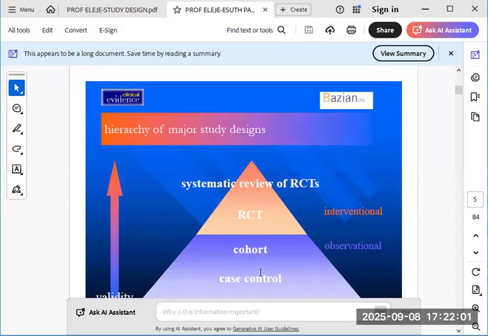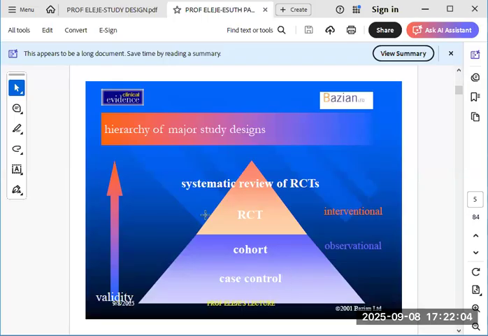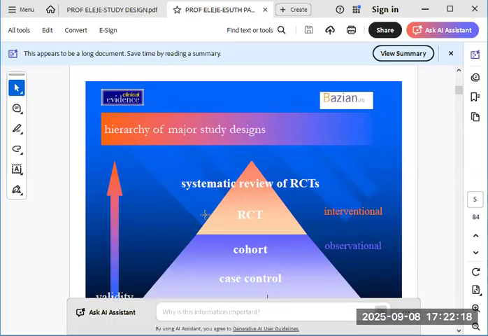Then as it goes up, we have the cohort. After cohort, the next is RCT, randomized control trial. Then we have the systematic review of RCTs.